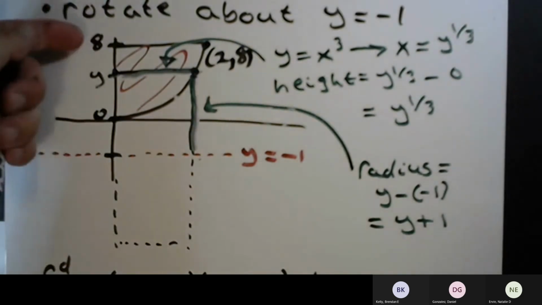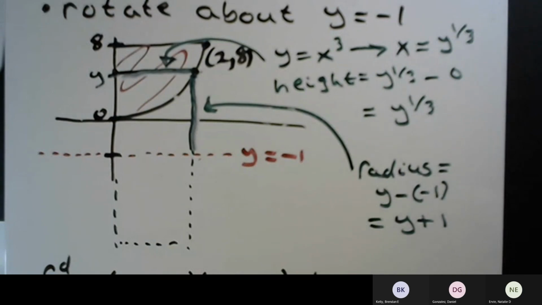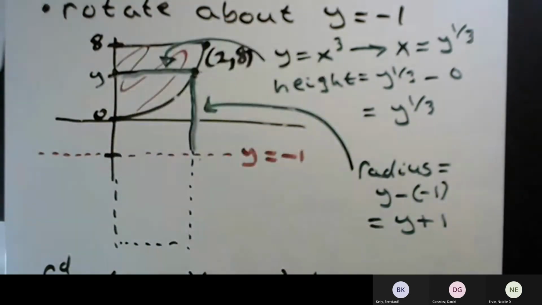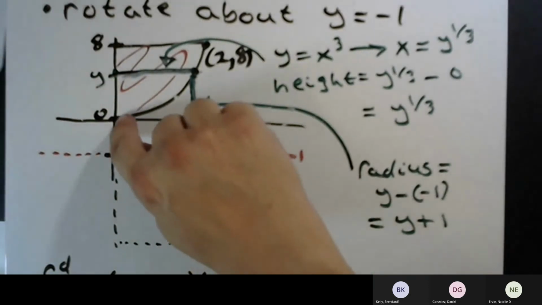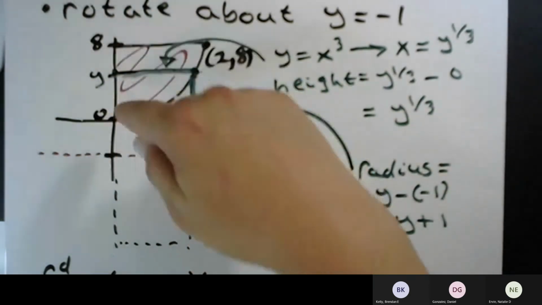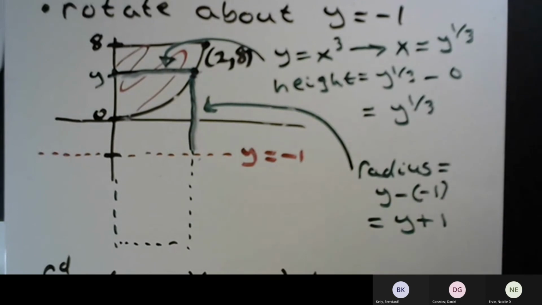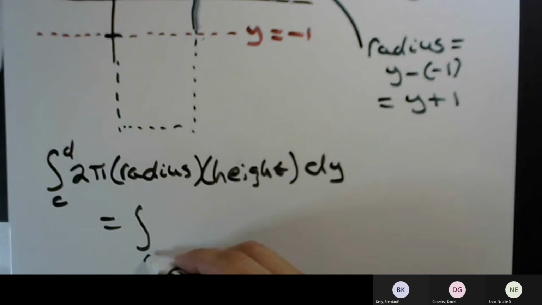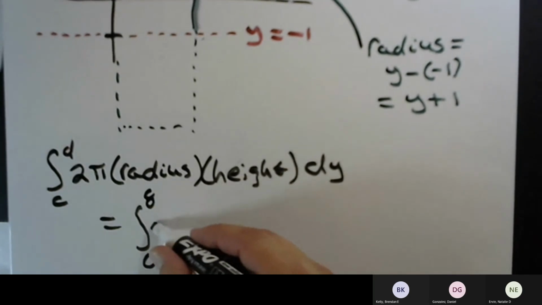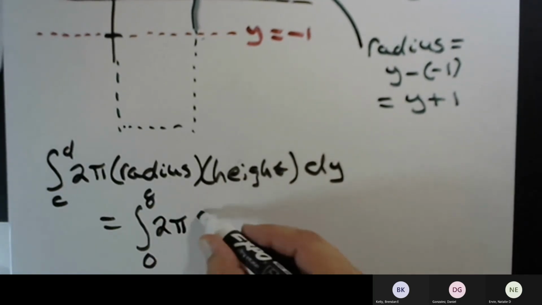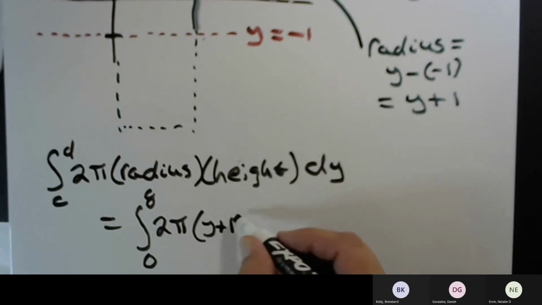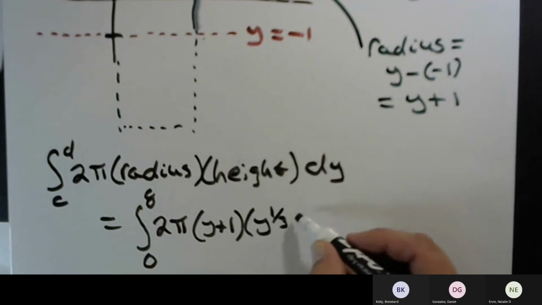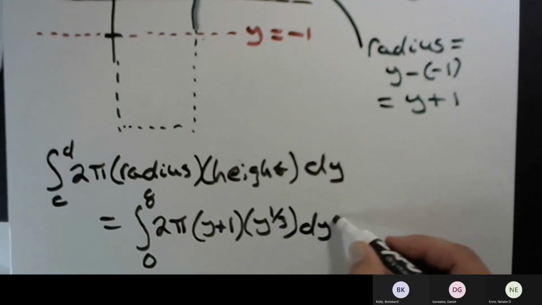So we're going to integrate along the region here. There are all possible radii. The longest radii would be from here to here. The shortest radii will be from here to here. So we've got to integrate everything in between. So this will be the integral from 0 to 8 of 2 pi, y plus 1, y to the 1/3 dy.